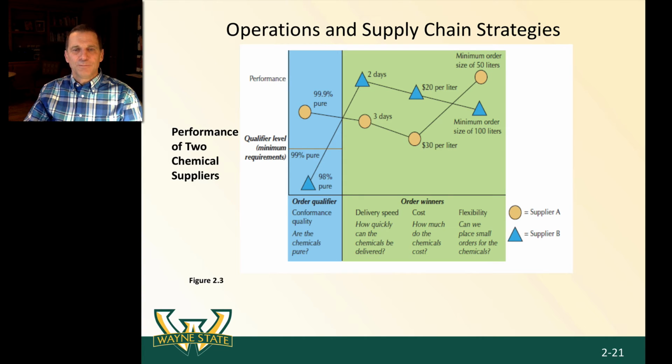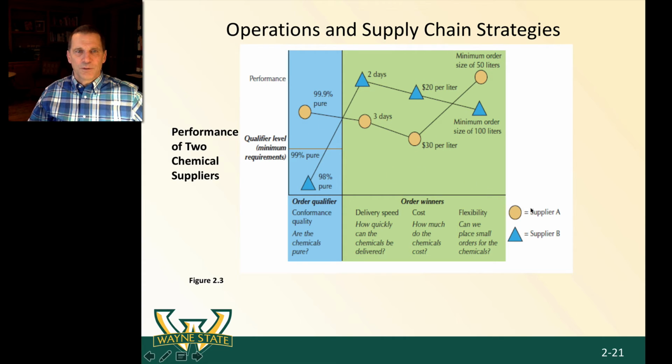Here's an example, and it's our last slide, of two chemical suppliers and 4 criteria, and one of those criteria is an important order qualifier. The purity of the chemicals has to be 99%. And there are 3 other performance dimensions listed here.